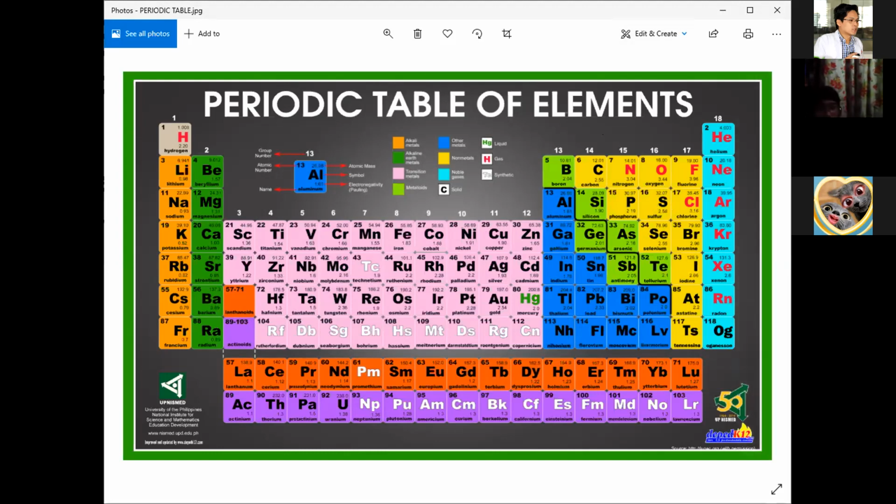Let's have phosphorus, for example. The symbol for phosphorus is P, correct? Grade 8, are you still with me? Yes, sir. Okay. Symbol for phosphorus is P.